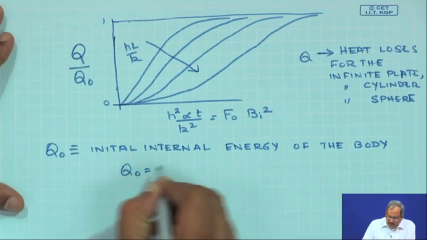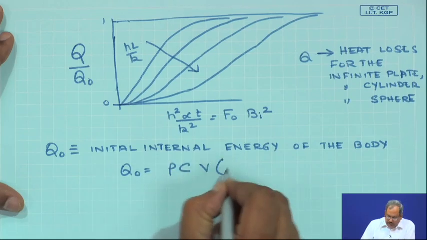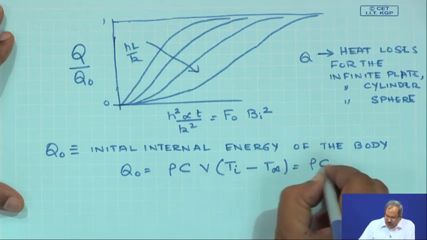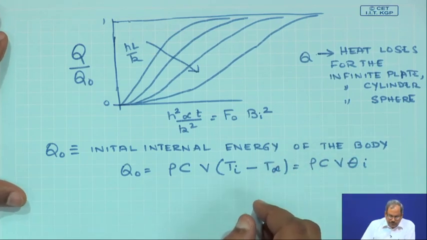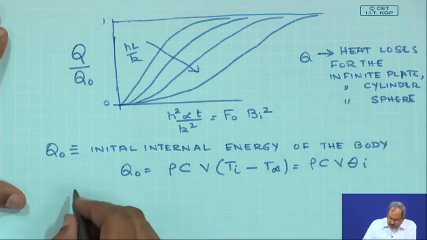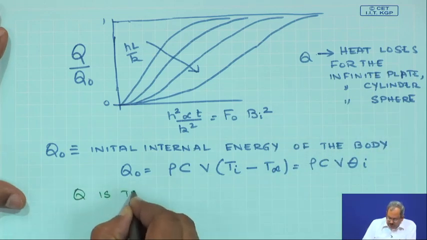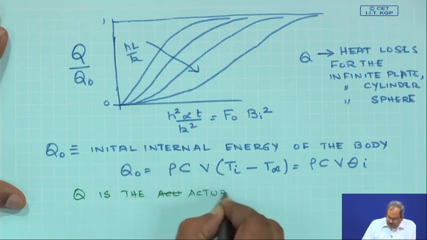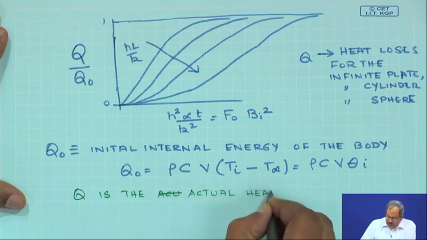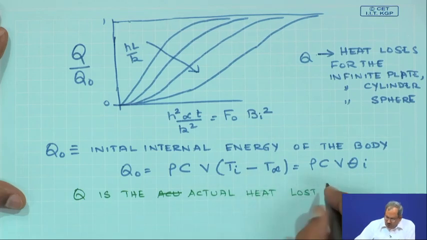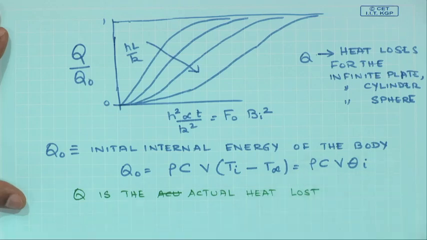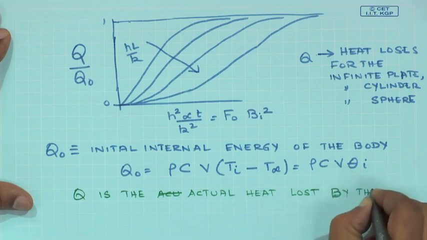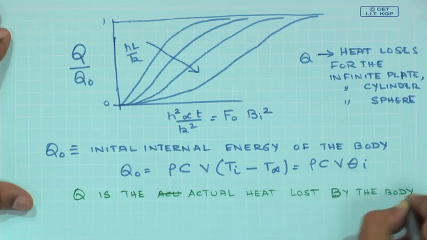So, Q 0 can be written as rho C V times (Ti minus T infinity), nothing but rho C V theta i. Okay. So, in this figure, Q is the actual heat lost or gained, depending on whether it is a heating problem or a cooling problem, by the body in time t.